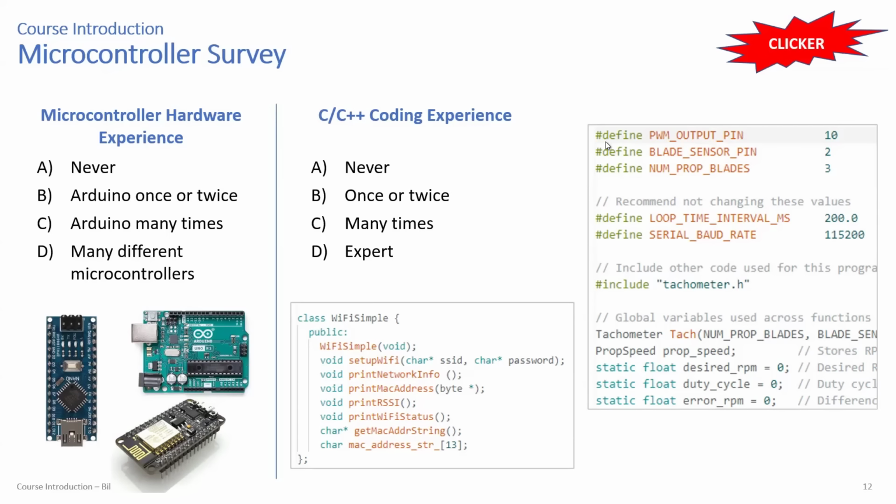Let's see. Okay, so now what I'd like to do, I want to walk through the Canvas page just to point out some of the content. So let's see if this works.